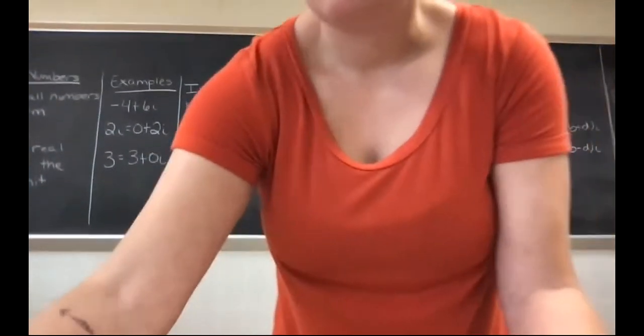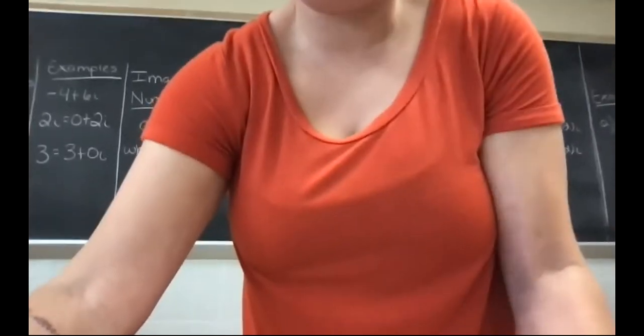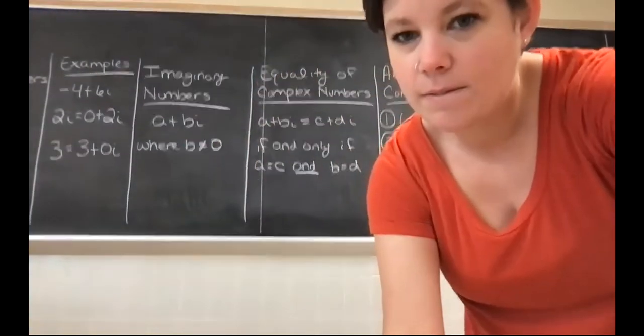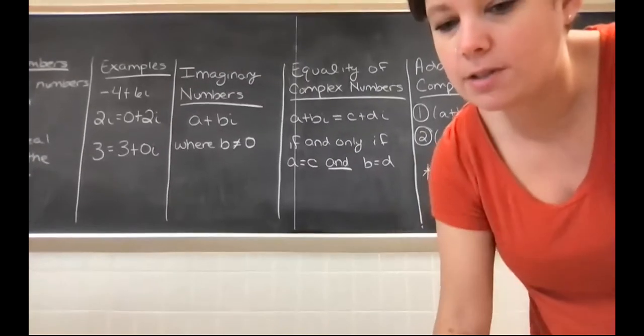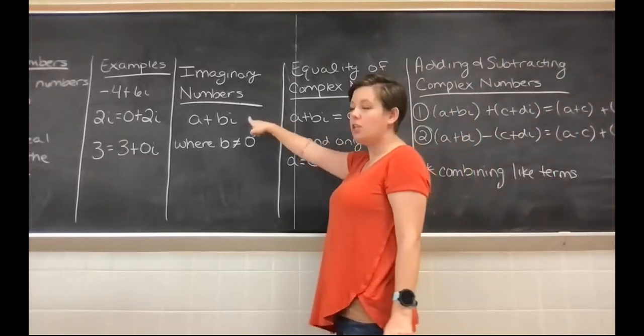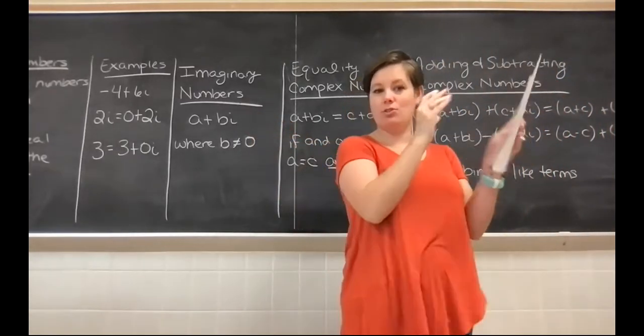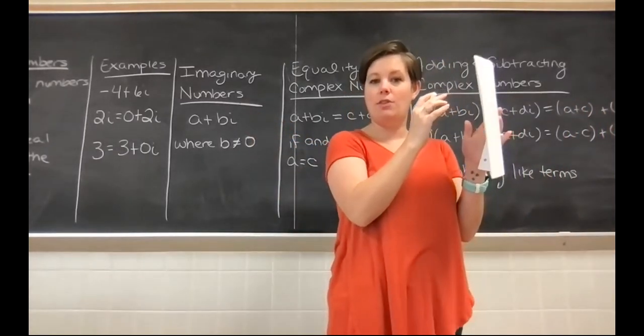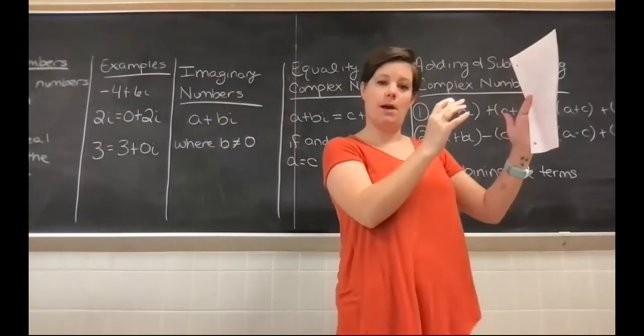Let's get this table a little closer. Okay, so complex numbers, you can have a 0 as your b. Imaginary numbers, that was the little circle over to the side, like there was a real circle and then there's the imaginary circle.